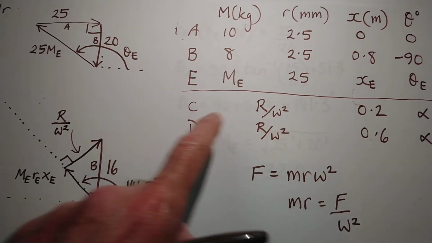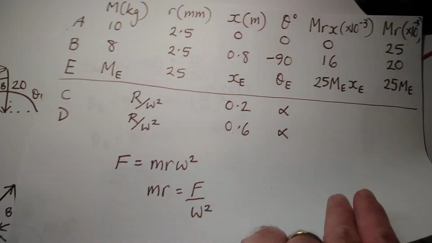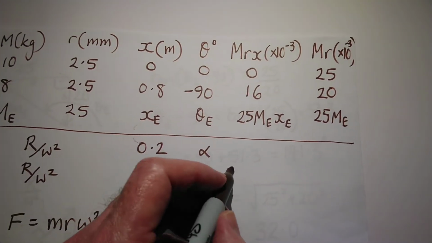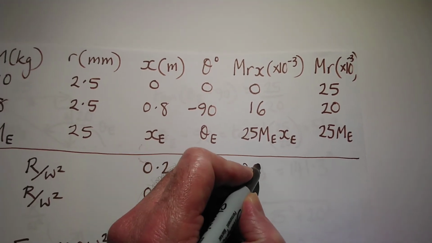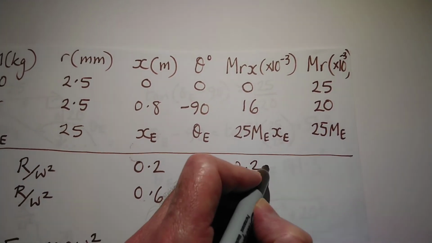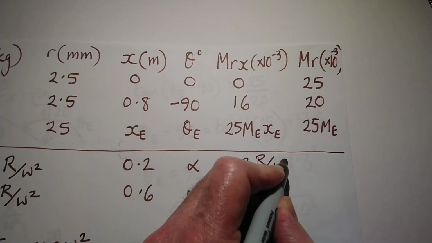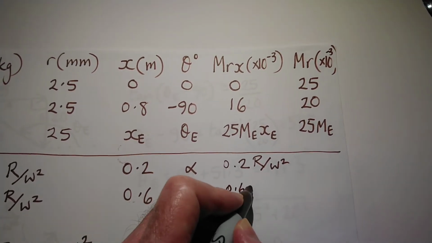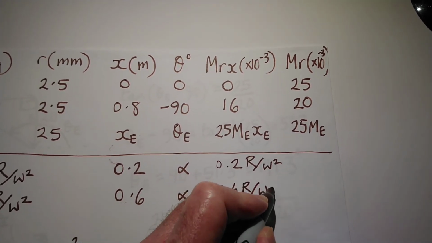So that means for bearing C, the moment MRX is going to be 0.2 R over omega squared. And for bearing D, it's going to be 0.6 R over omega squared.